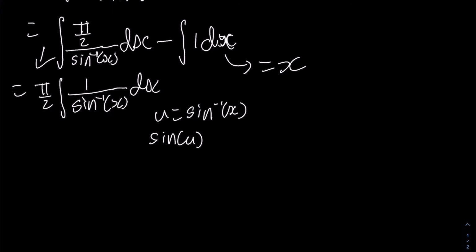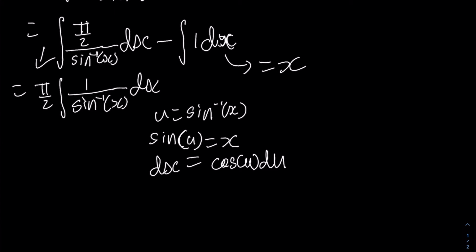You'll just be left with the input, which is x. And of course, that is bounded by negative pi over 2 to pi over 2. But this is an indefinite integral, so we don't need to worry about that. So we have the sine of u being equal to x. Therefore, dx is going to be the cosine of u du. And that looks fine so far.